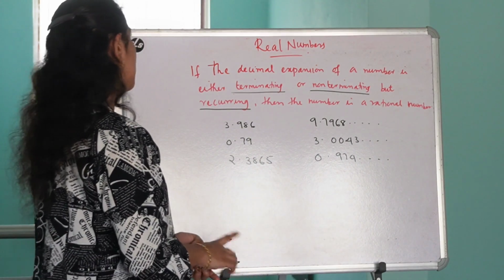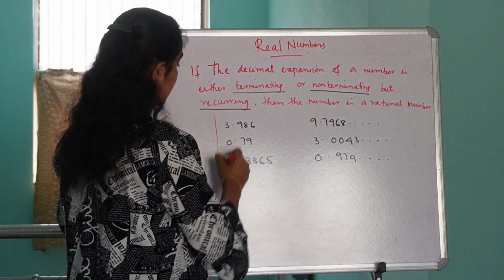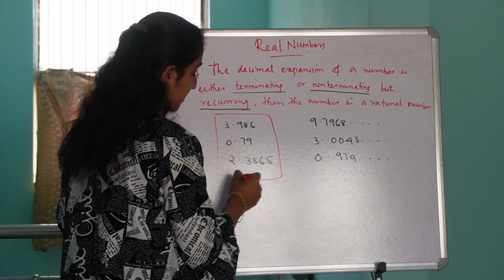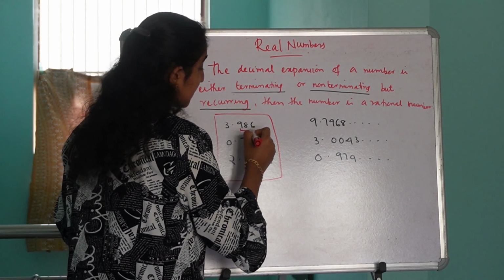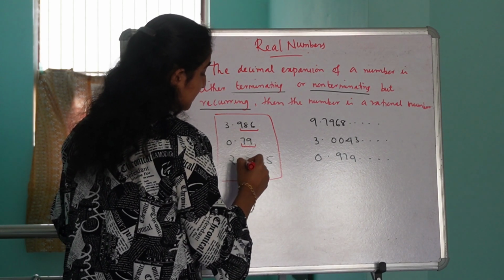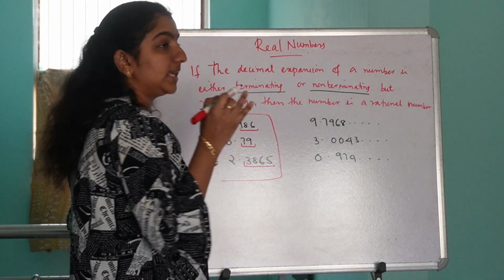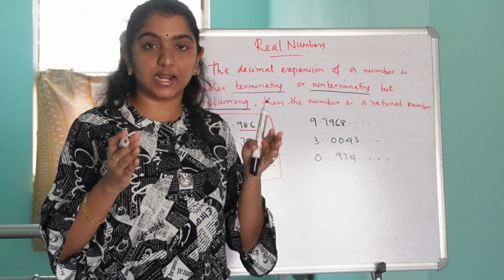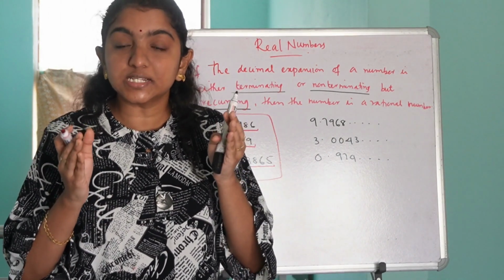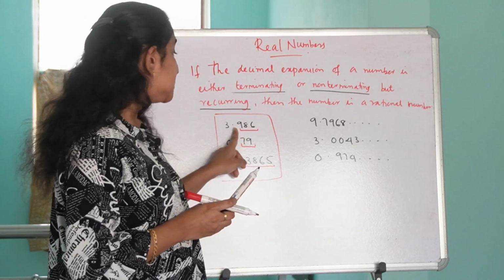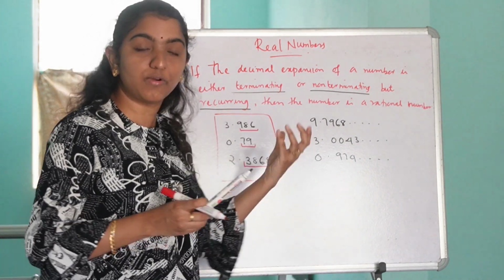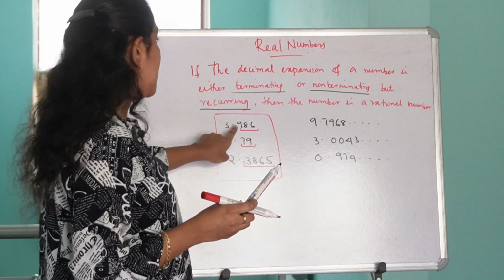In the first set of decimal numbers, you can see there are only a finite number of digits after the decimal point.